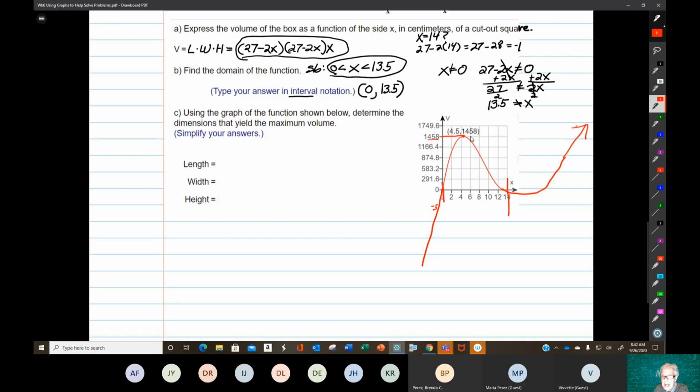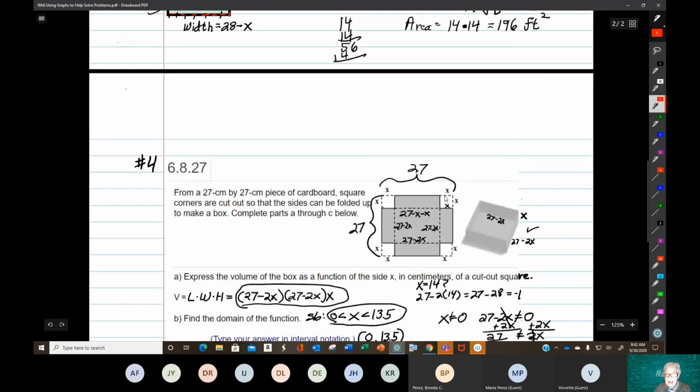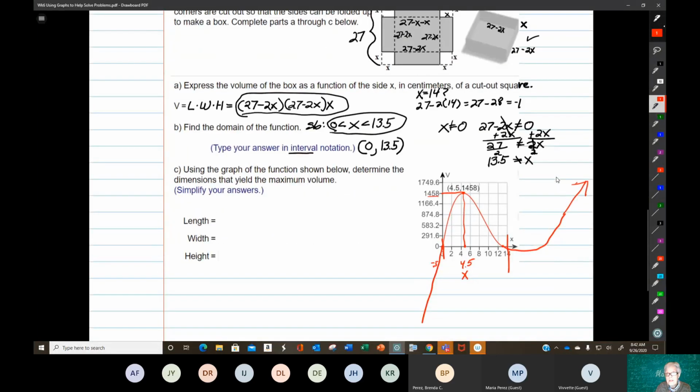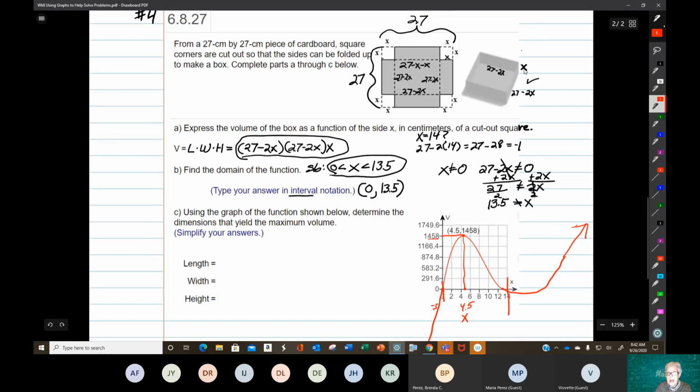The x coordinate at 14.5 is 4.5. Now, what x means in our problem is the length of this little x square that we cut out of the cardboard. So now we know, once it gets folded up, that x is 4.5 centimeters high.